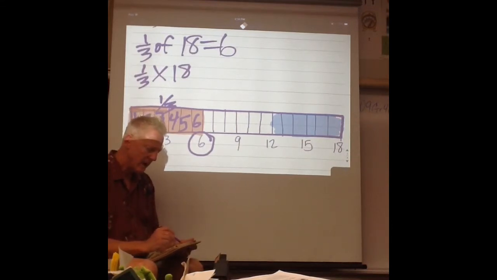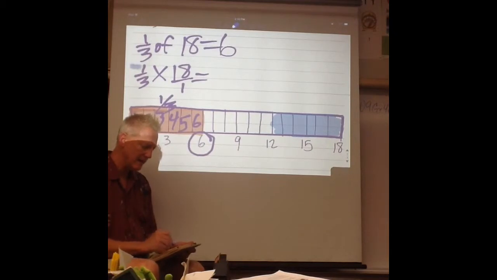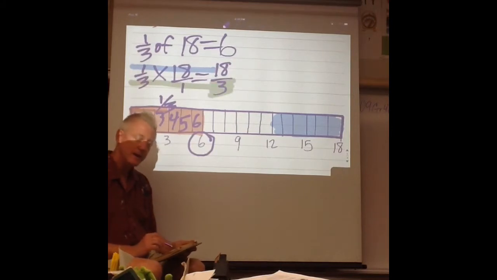So now I want to put a 1 under my 18, because 18 over 1 is the same as 18 wholes. Now I'm going to take 1 times 18, and that is 18. And 3 times 1, we're going to put that answer in here. 3 times 1 is 3. Now, we have 18 over 3.